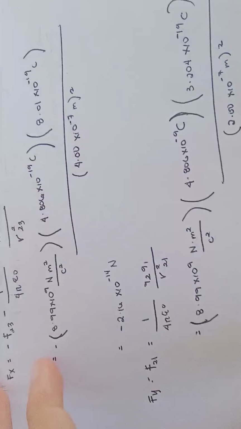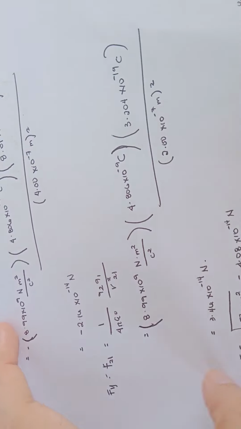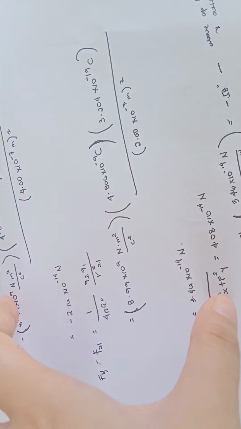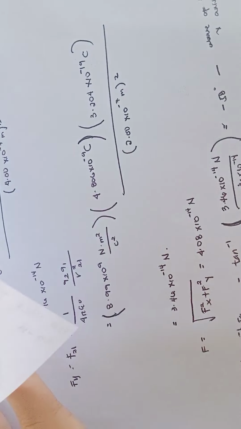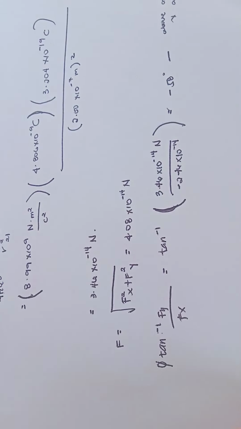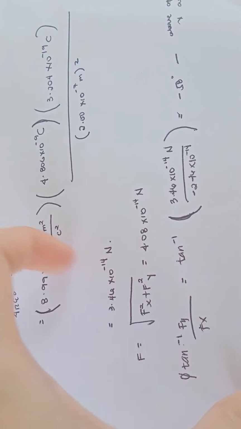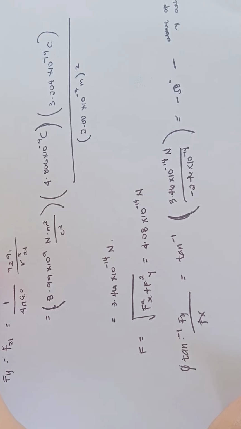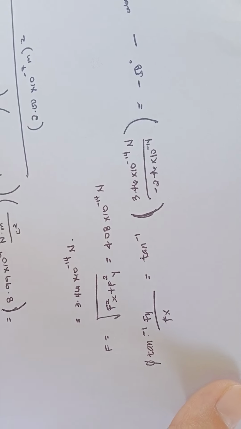Using this equation, we also get the answer 3.46 times 10 to the power of negative 14 N for F, which equals the square root of Fx squared plus Fy squared, equals 4.8 times 10 to the power of negative 14 N. And for the angle, tangent inverse of Fy over Fx, which equals tangent inverse of 3.46 times 10 to the power of negative 14 N over negative 2.6 times 10 to the power of negative 14.